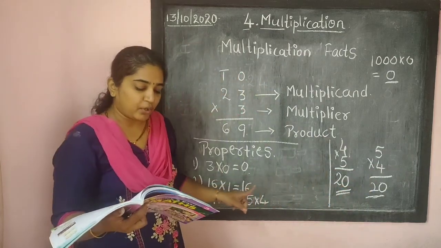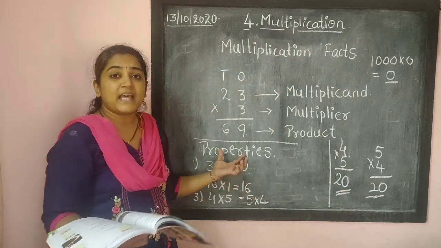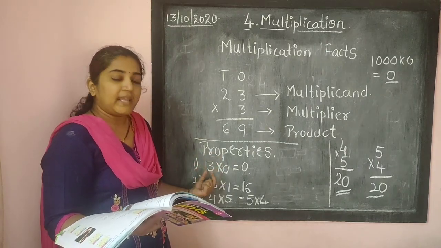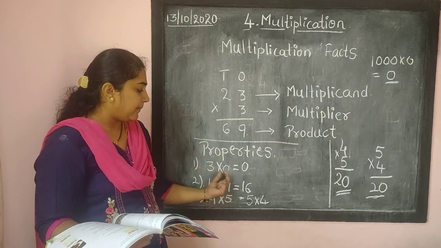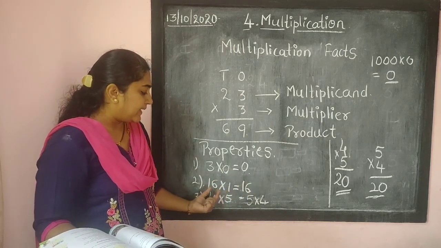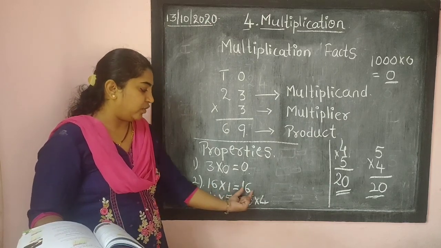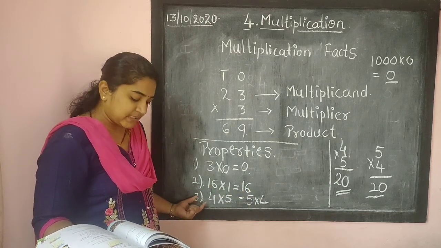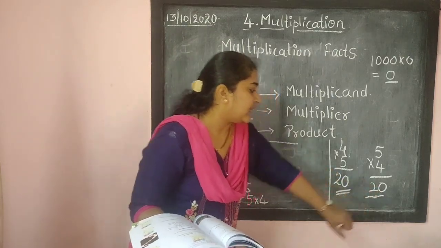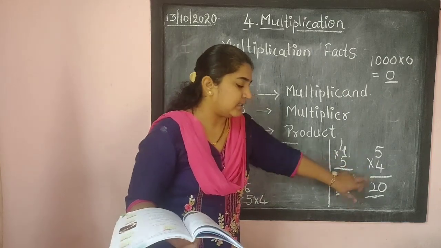So the product will remain the same. How many properties are there? There are 3 properties. The first one is, any number multiplied by 0 will get the answer as 0. Any number multiplied by 1 will get the product as the same number itself. The third property is, the product of two numbers will remain the same after changing the order of numbers.